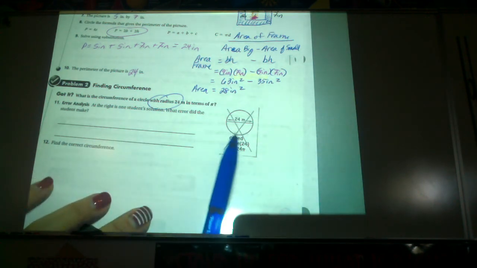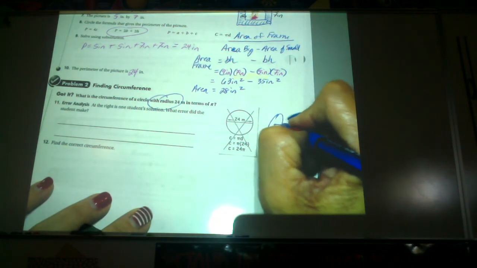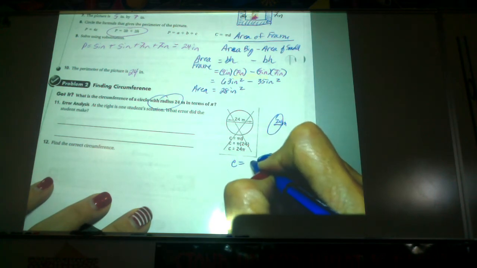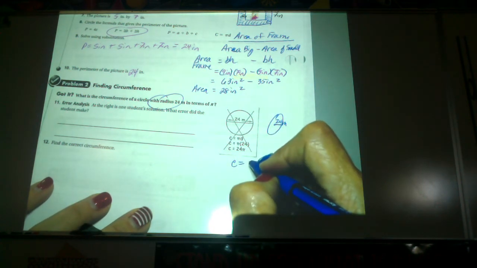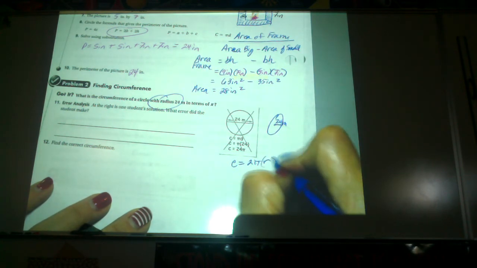And it's hard to tell with this picture because this is a student solution. The student made the 24 the diameter, right? So really, the picture should have looked like this. Oh, that's a really good picture. 24. So they should have used C equals. If they did pi d, which I wouldn't here, I would have used 2 pi r. They should have substituted in for the r here, that 24.